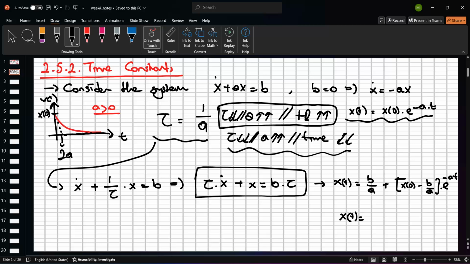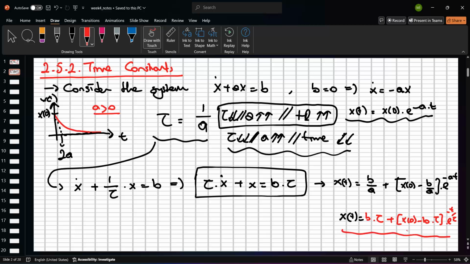Just see that the time constant is equal to 1 divided by a, right? And so how can we write this? b times tau, right? And plus x0 minus b times tau times e to the power of minus t divided by tau, right?